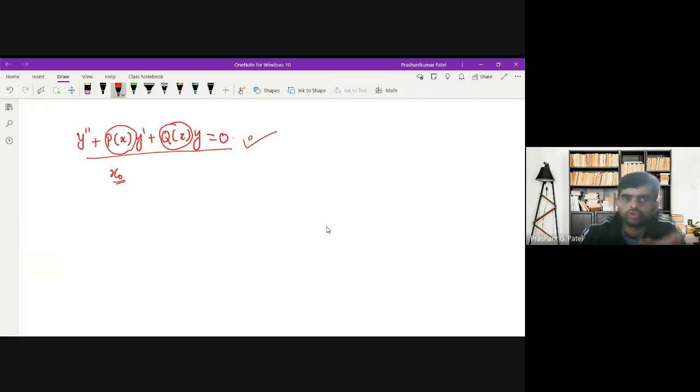Furthermore, the solution also exists where the power series of p of x and q of x exist. Based on that, we have also solved certain examples.